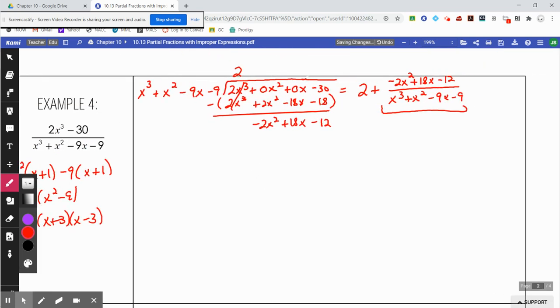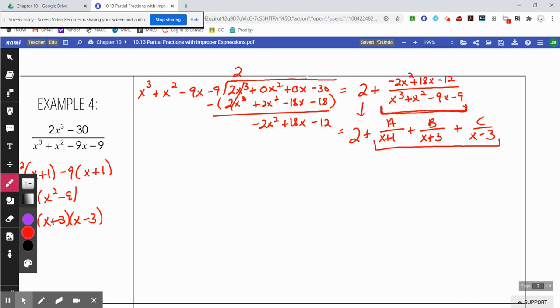So my problem is going to break into, I'm just going to bring the 2 down, plus we're going to have an a value over x plus 1, plus a b value over x plus 3, plus a c value over x minus 3. So this part right here, we're going to decompose.